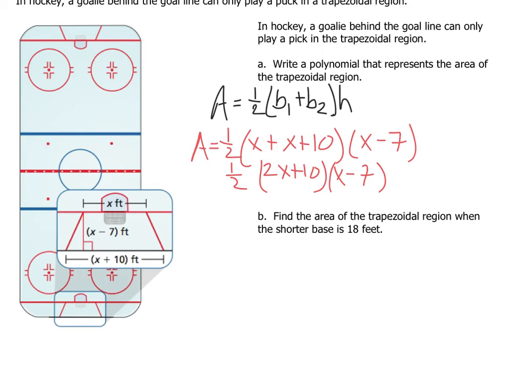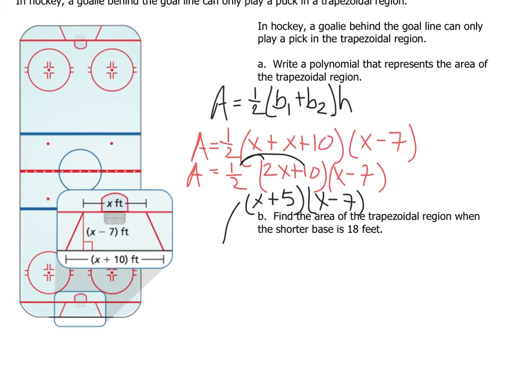Now you can do this a couple of ways. I'm actually going to do this times 1/2 first. So I'm going to multiply 1/2 times 2x to get x. And then I'm going to do 1/2 times 10 to get 5. And that'll kind of make this a little bit easier to look at.